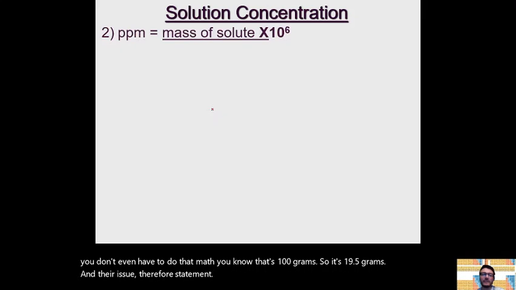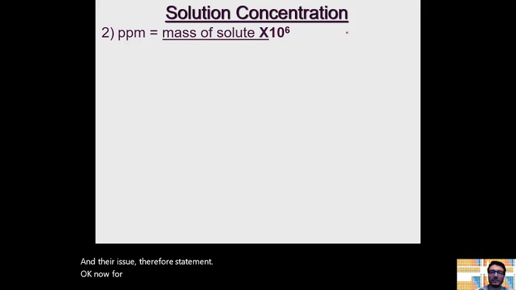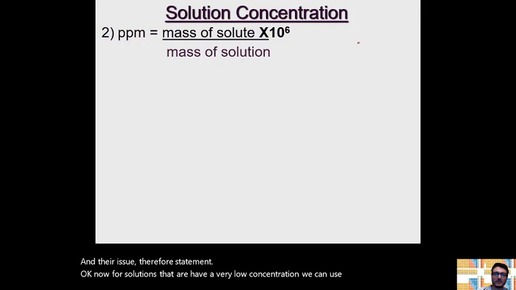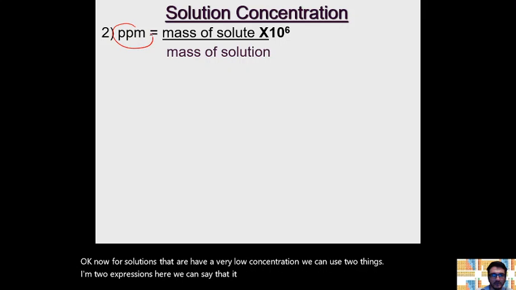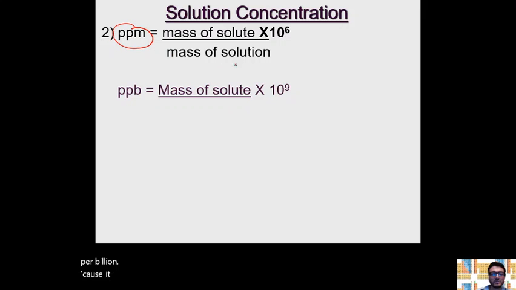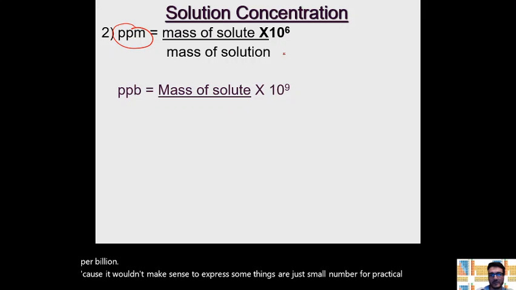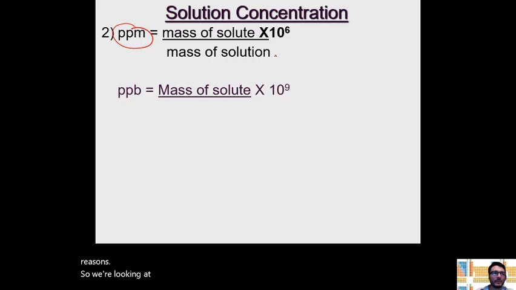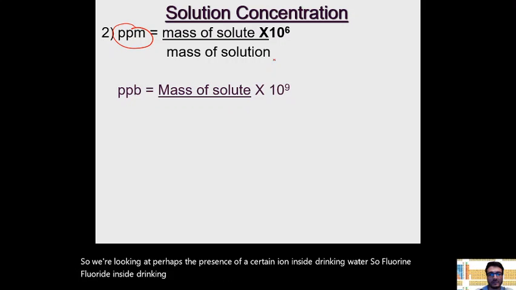Okay, now for solutions that have a very low concentration, we can use two expressions here. We can say that it can be expressed as parts per million or parts per billion, because it wouldn't make sense to express something in such a small number for practical reasons. So when you're looking at perhaps the presence of a certain ion inside drinking water, so fluoride inside drinking water, well, it's a very low concentration.